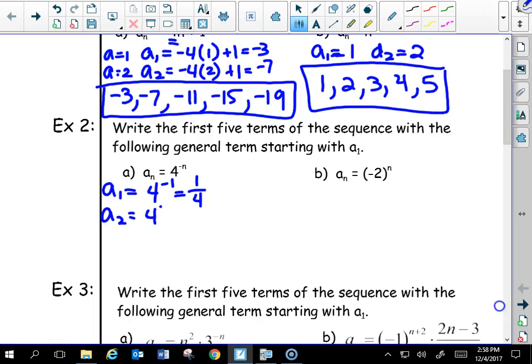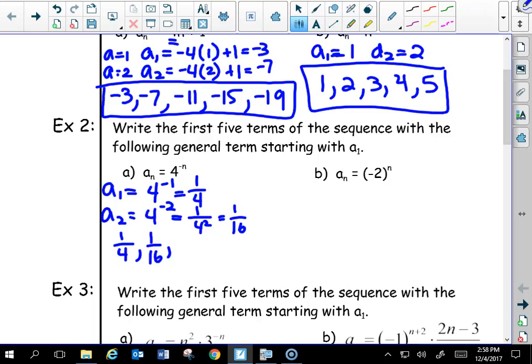A2 is 4 to the negative 2. That's going to be 1 over 4 squared, which is 1 over 16. So basically, my 4 is in the denominator, and the exponent's going up by 1. So I get 1 over 4, 1 over 16.